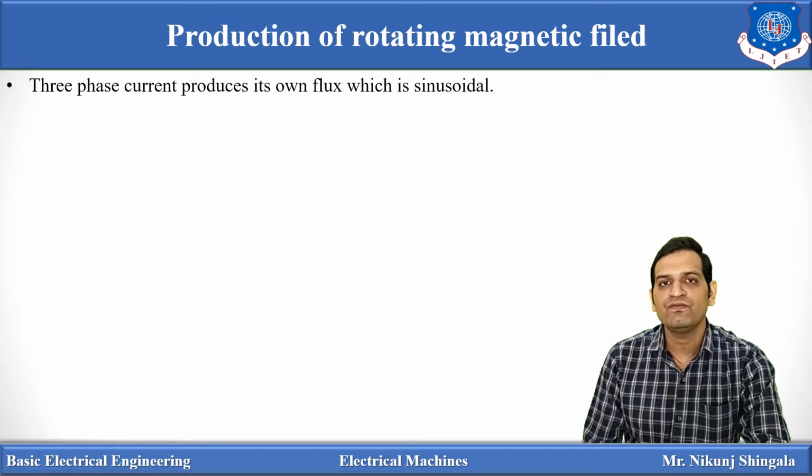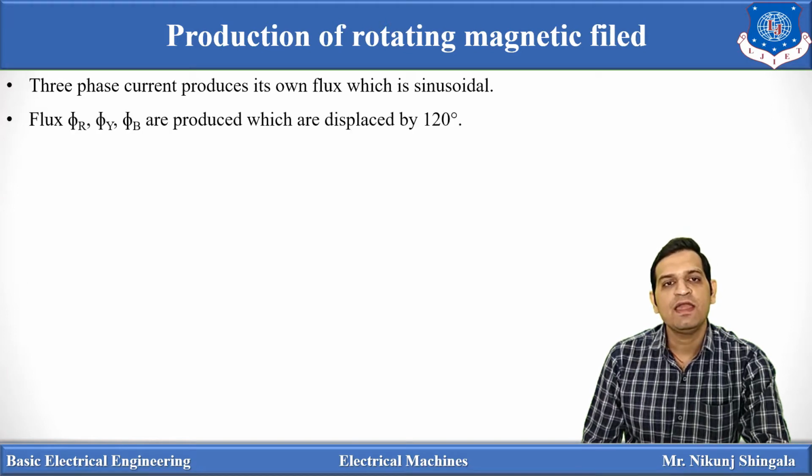So in each phase, sinusoidal flux will be produced, that is phi R, phi Y and phi B. Now, fluxes phi R, phi Y and phi B are also displaced by 120 degree with each other, because currents are also displaced by 120 degree, so flux will also be displaced by 120 degree electrical angle from each other.